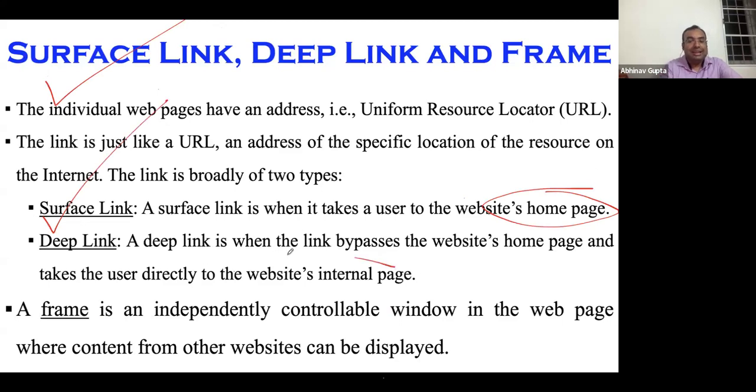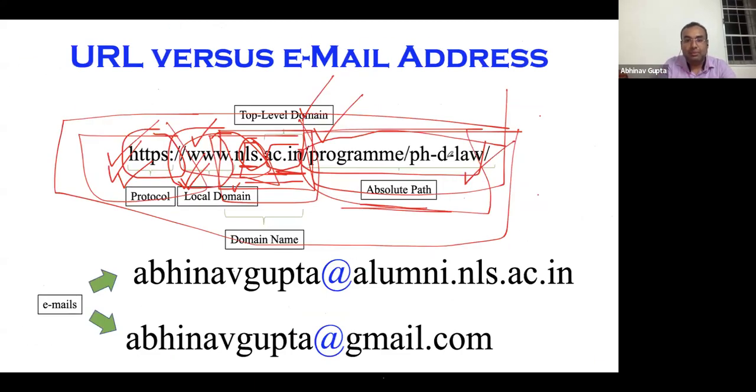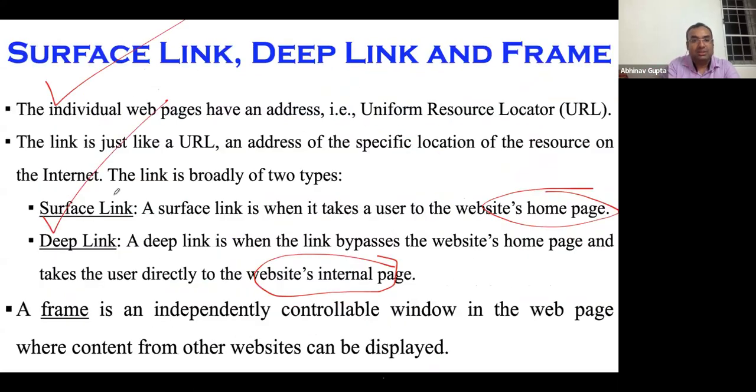Whereas the internal pages of a website, like we have seen the PhD, the program PhD, this is a deep link, because this is an address for a specific web page. So the URL of the home page is surface link, and the URL of internal pages of a website is deep link.